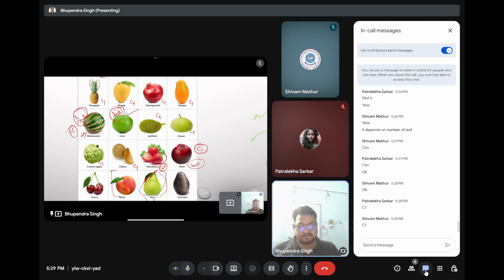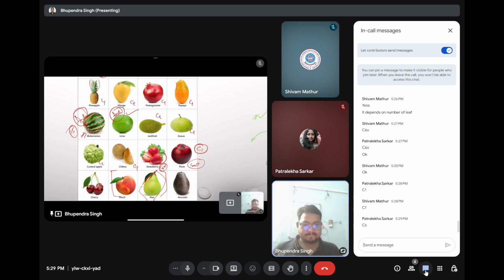This plane is bisecting the leaf also in two pieces. Then one plane is there, right? Okay, Patlika is saying CS.